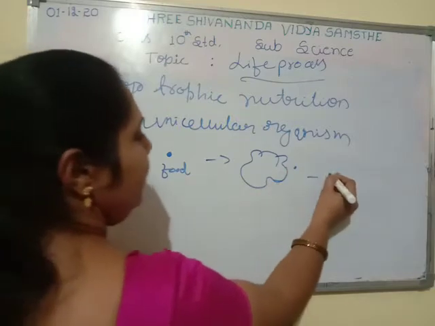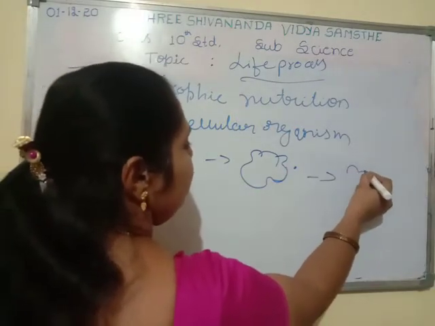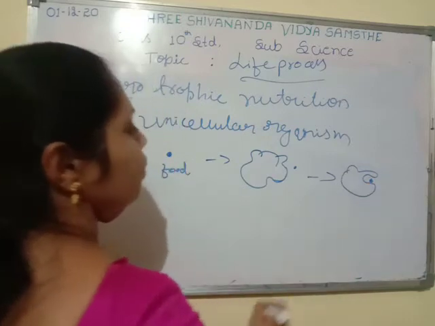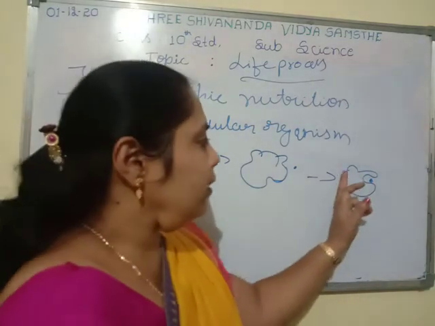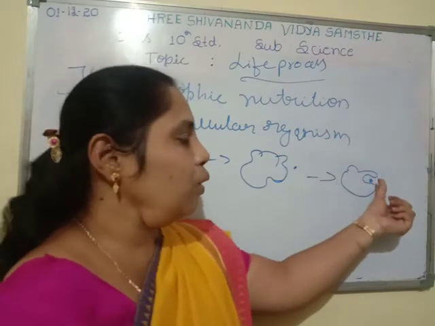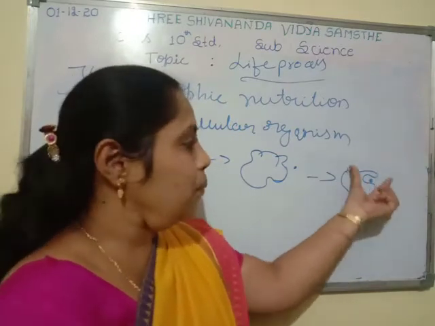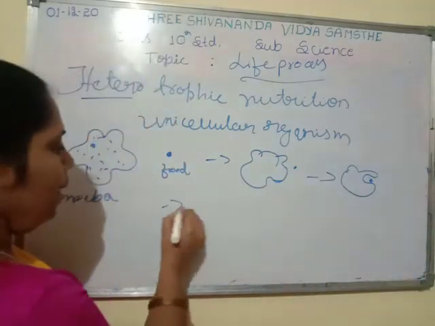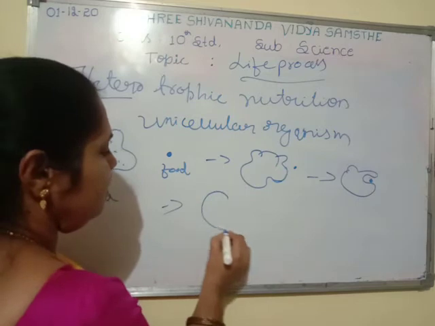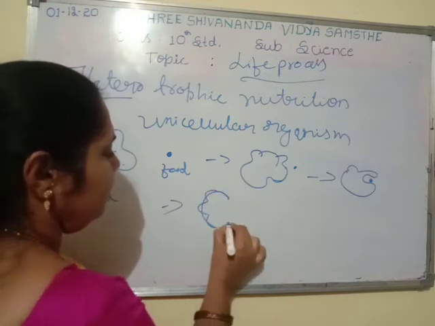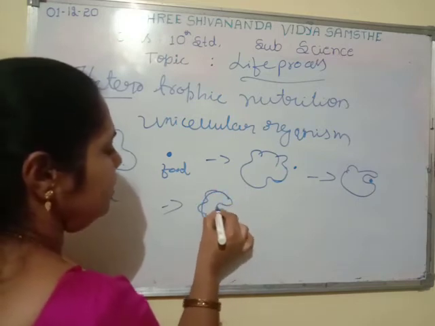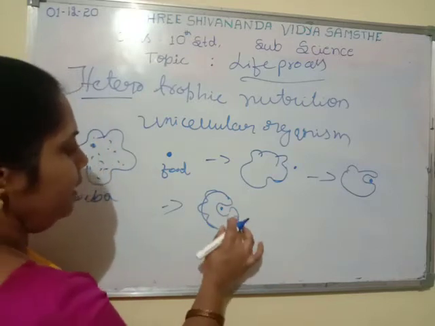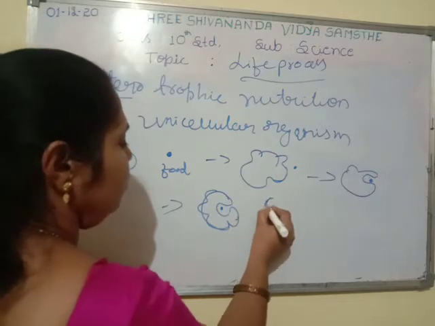And then the next step. See, this is the food, and here the whole body is going to bend. The entire body is bending. So what happens in the next step? The food is engulfed like this, and then it goes to the food vacuole.